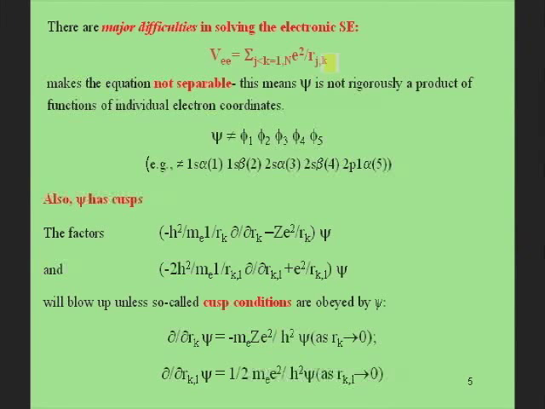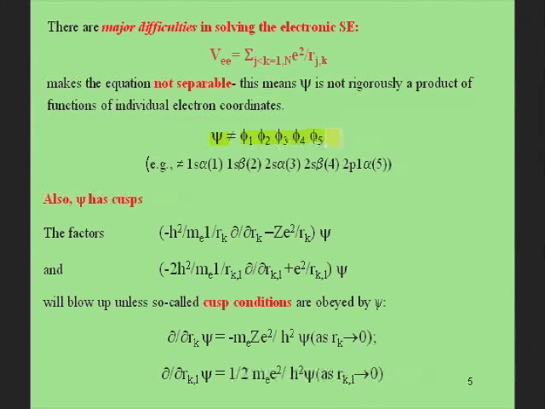Okay, so the point right here is just for a moment, let's pretend that VEE wasn't pairwise additive, but somehow was just additive, one electron by another, by another. If it were, then we know that the wave function we're after could be written as a product of some function for electron 1 times function for electron 2 times function for electron 3 times function for electron 4 times function for electron 5, because all the terms in H0 would be one electron additive.